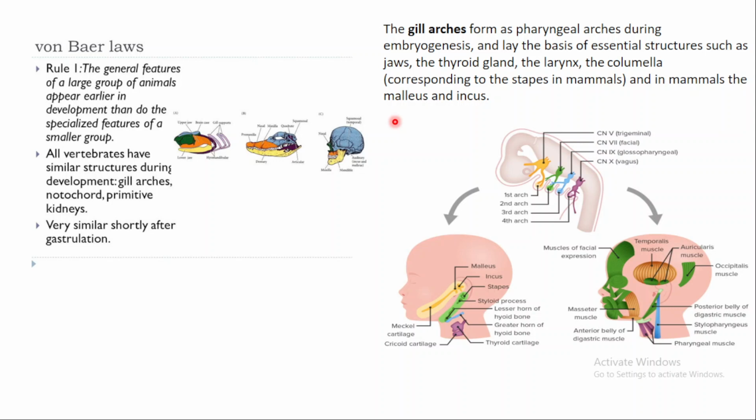If you study comparative embryology, in humans and in mammals, they form malleus, incus, and stapes. They also lay the basis of essential structures such as jaws and the thyroid gland and the larynx. So gill arches can form the jaws, the thyroid gland, and the larynx.